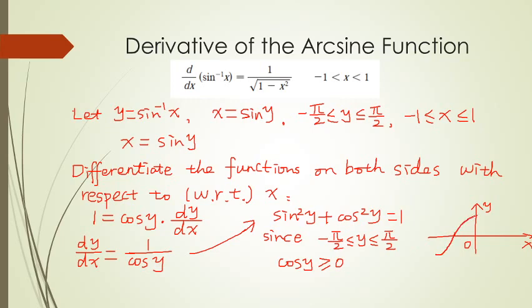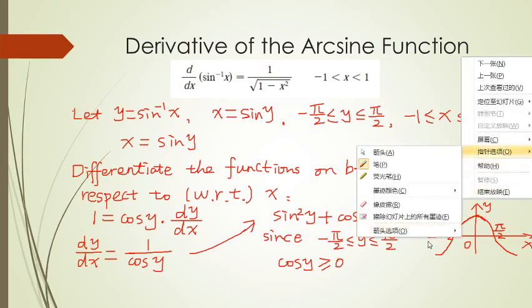Just the letter y means an independent variable, okay? So here is minus pi half. Here is pi half. So when you have the independent variable between minus pi half and pi half, then the cosine is non-negative, right? Everyone is clear?